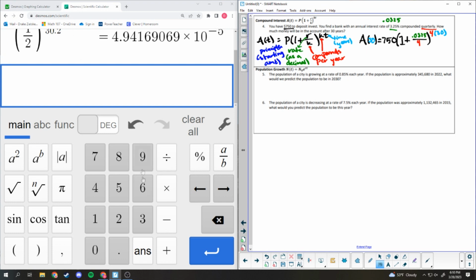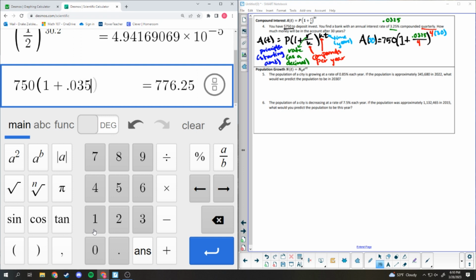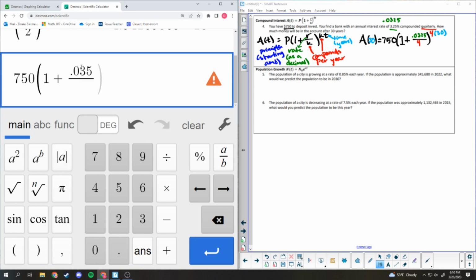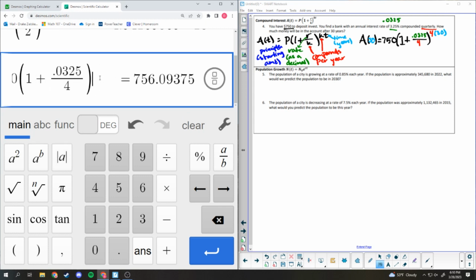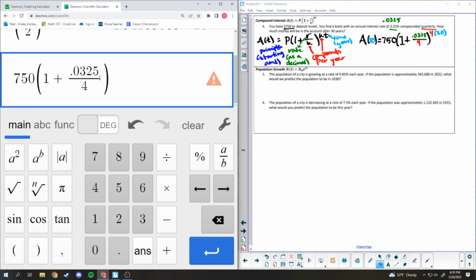We need to type in 750 times 1 plus 0.0325 divided by 4. I need to end the parentheses and then go to the power of 4 times 30.